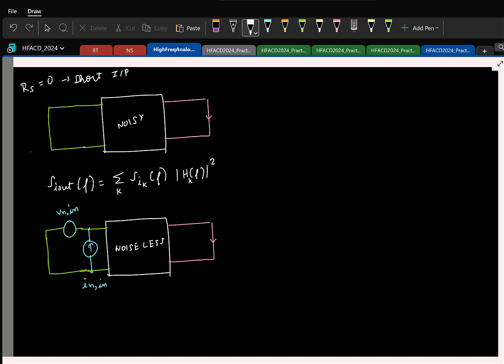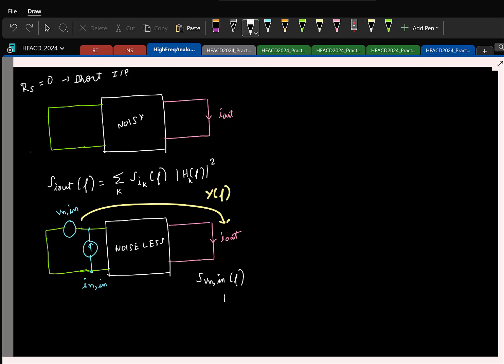If you short the input, then you first find in our network what is the power spectral density in the output current or voltage, whatever. Here, what is the noise power spectral density in the current? They call it I out. What is the S I out of f here? It is basically the power spectral density of this source times the transfer function from here to the current, and that will have dimensions of admittance.